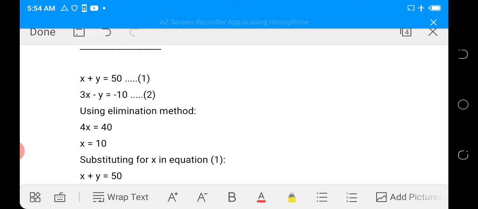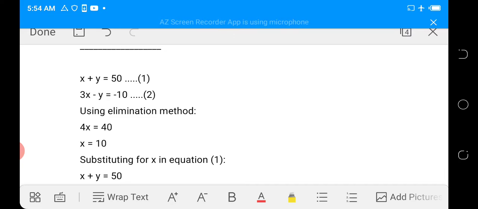Then the next step now is to solve these two equations simultaneously. If you look at the two equations very well, the coefficients of y are equal and they are of opposite signs. In equation 1, the coefficient of y is plus 1, while in equation 2, the coefficient of y is minus 1.